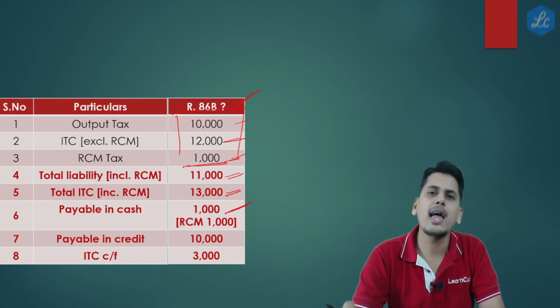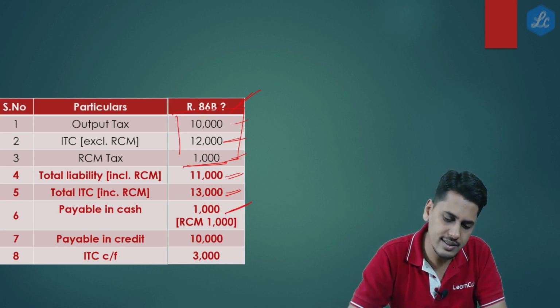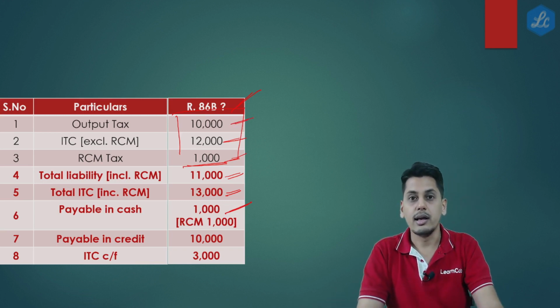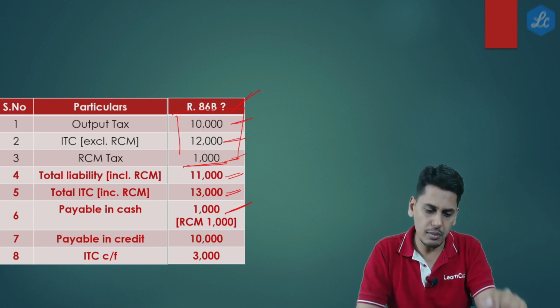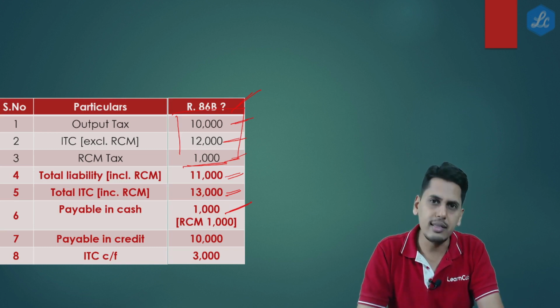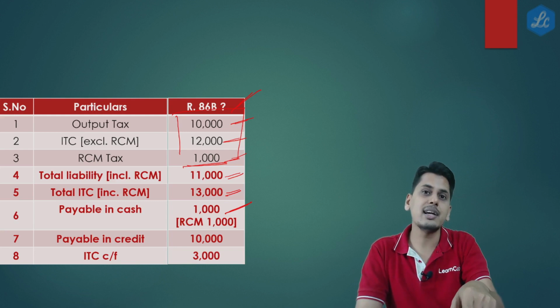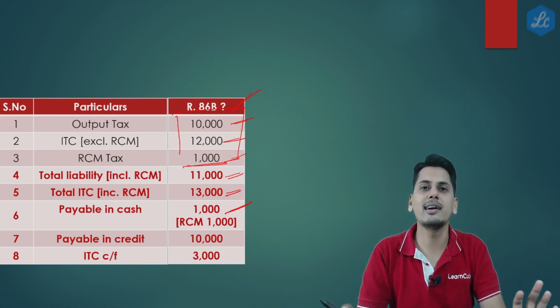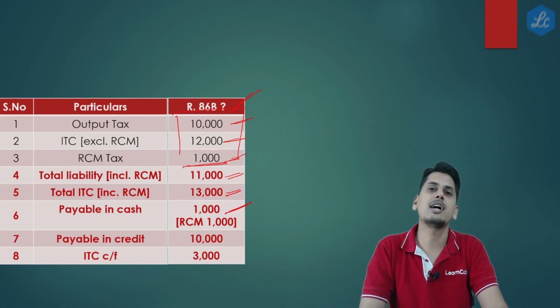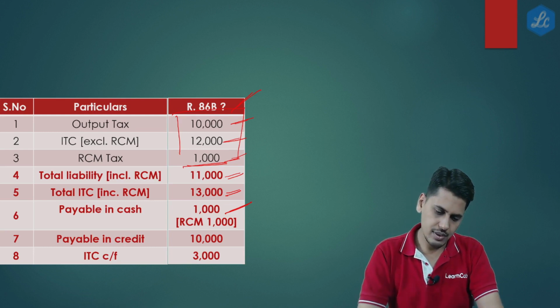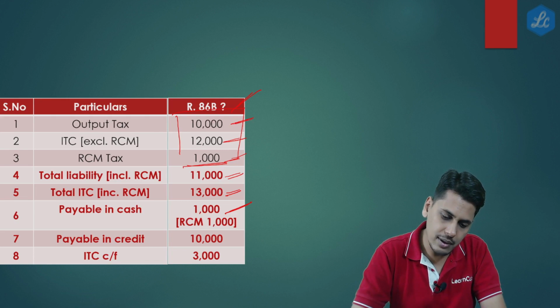What is my regular liability other than the RCM liability? It is 10,000. Assuming this output tax liability of 10,000, I am discharging it entirely from my electronic credit ledger.